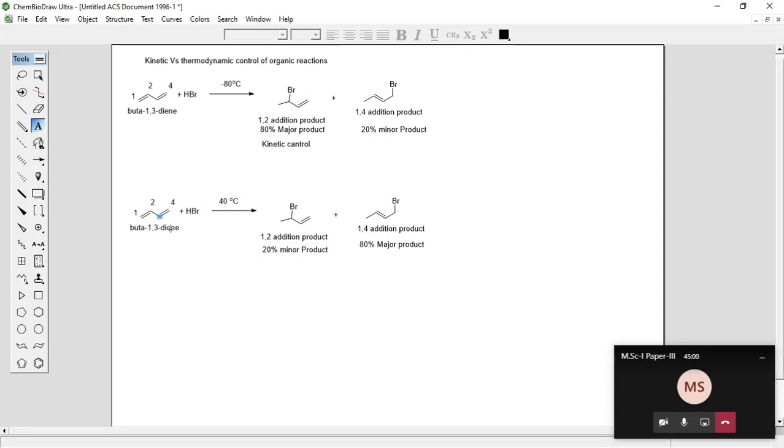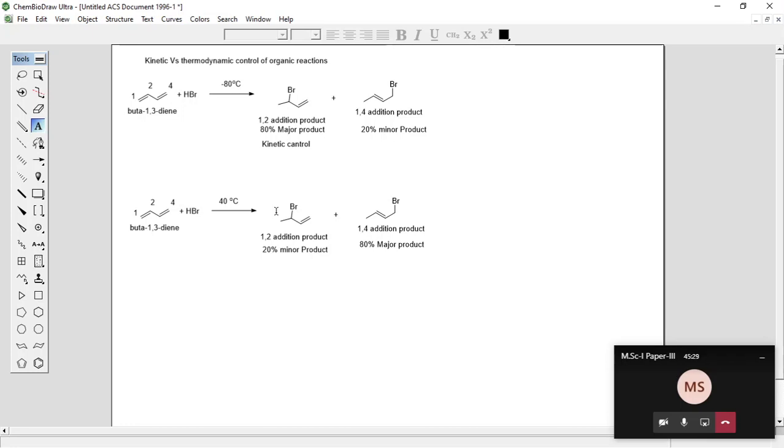So these are the reactions at lower temperature and higher temperature. At higher temperature you are getting the 1,4 addition product as a major product, and that is your thermodynamically controlled product. And at lower temperature you are getting the 1,2 addition product as a major product, because it is kinetically controlled. So at lower temperature the rate at which the two reactions occur dictates which product is preferred.